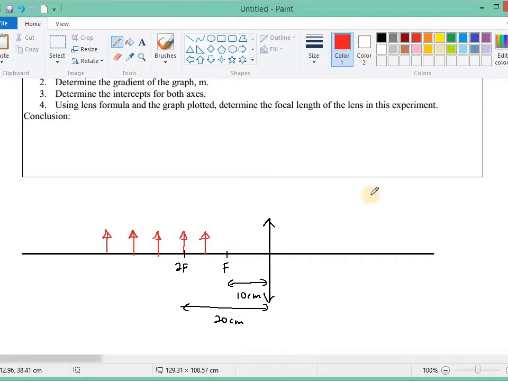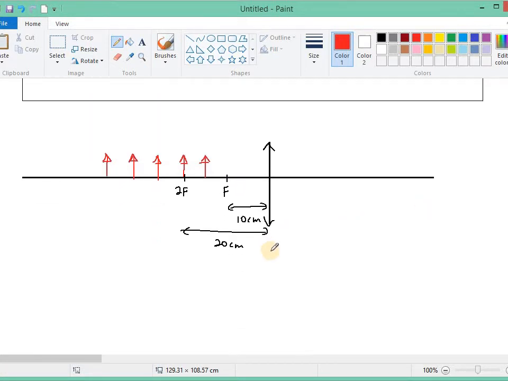The reason is that if you put the object anywhere between the focal point and the lens, the image will become virtual.